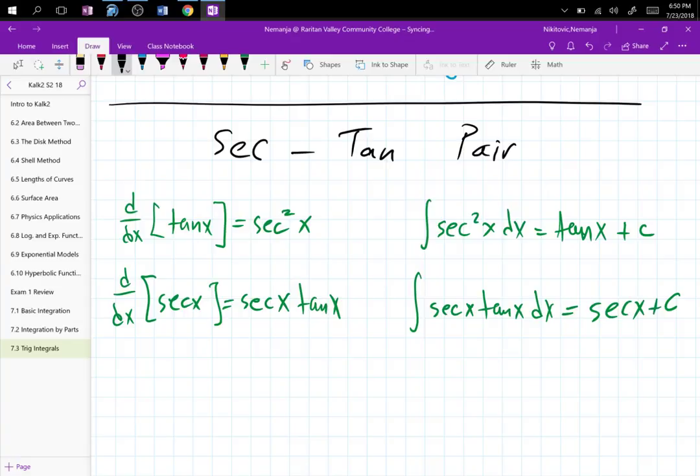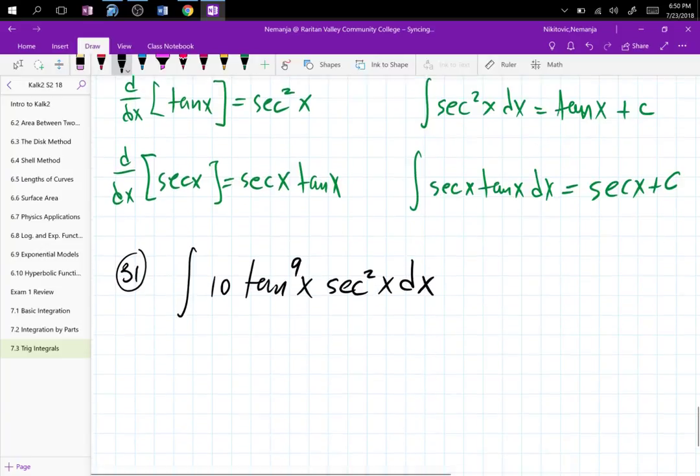So let's go with the vanilla example. 31. Integral of 10 tangent to the 9 x secant squared x dx.